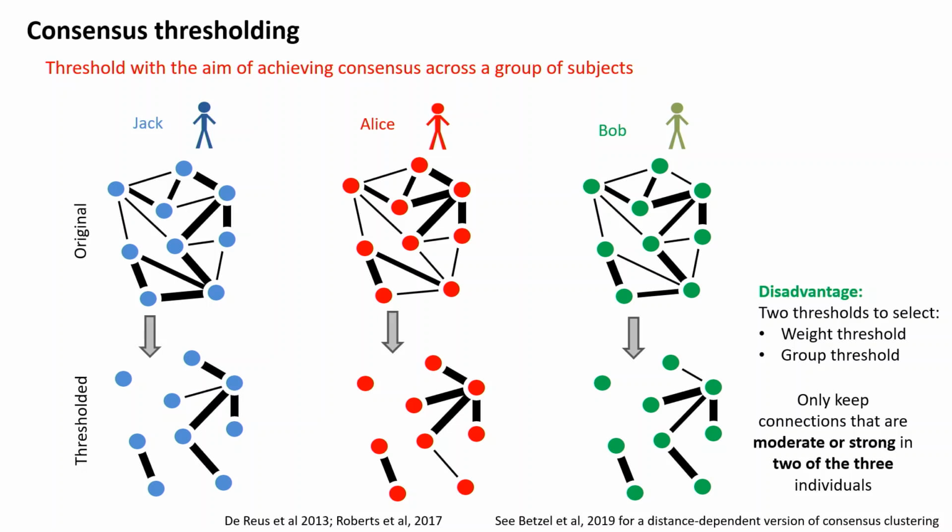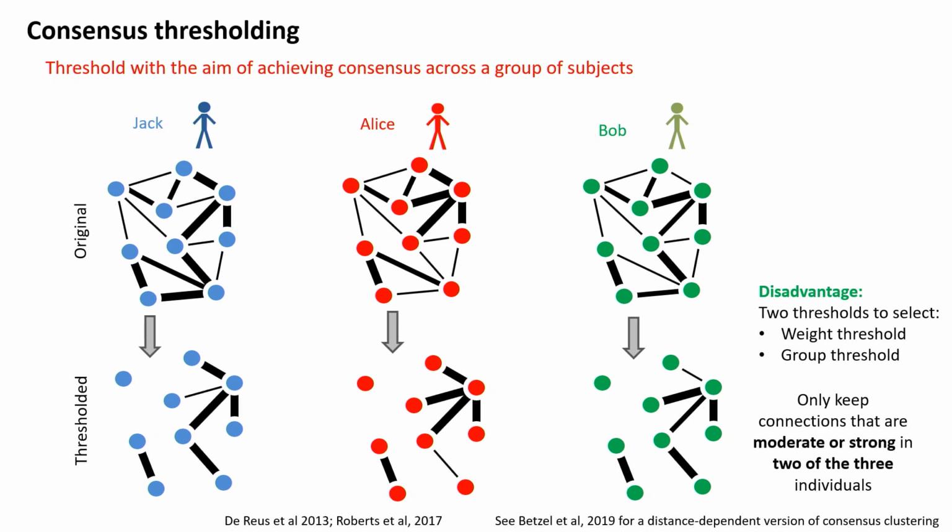I also wanted to touch on the method of consensus thresholding, which is an important thresholding method, and this is where, rather than thresholding networks individually, we look at a consensus across individuals. And here we have two thresholds. We have a weight threshold and a group threshold.